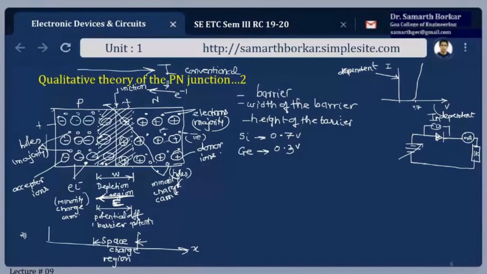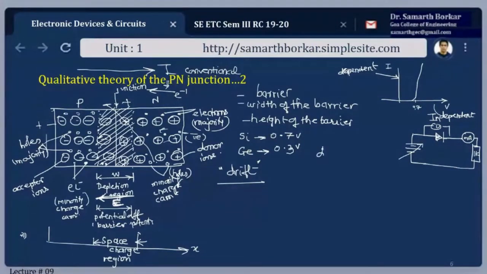They are minority in number, but their polarities are opposite, so they will attract. Similarly, there are electrons here which are minority, less in number, but they will be attracted by the positive sign. So due to this barrier potential, due to this electric field, this barrier will help the minority carriers to drift across the junction. I hope this is clear.